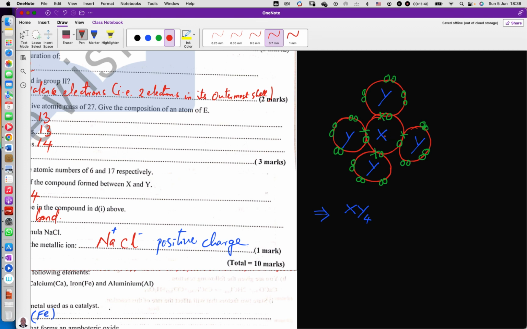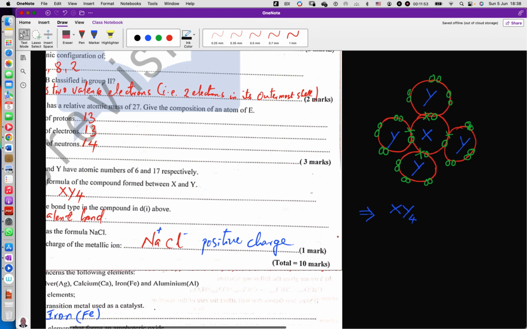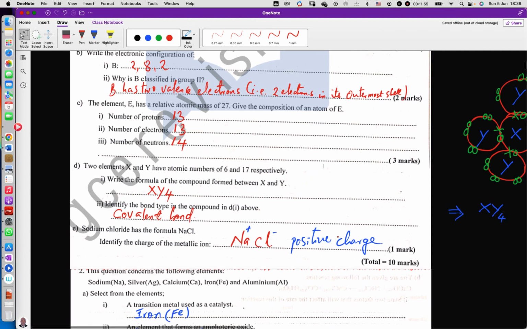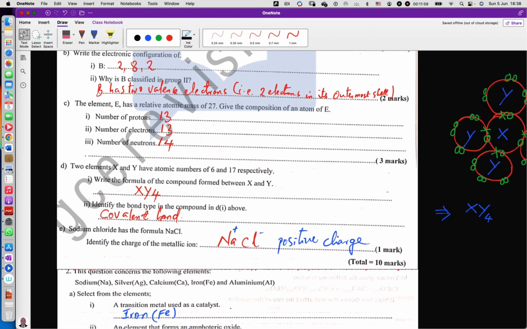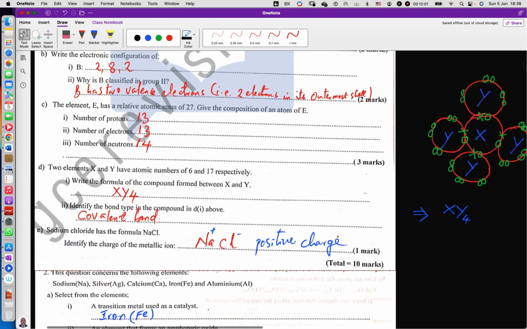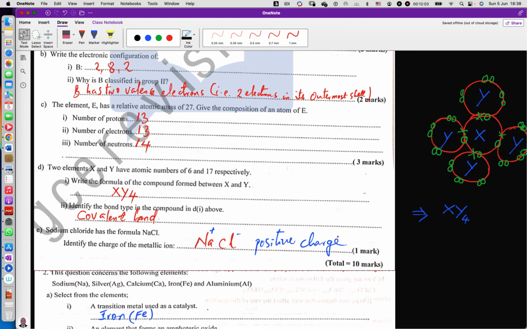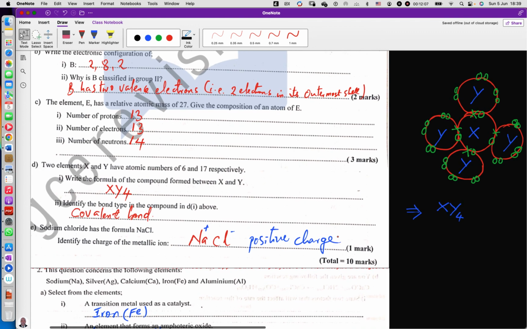It can only undergo covalent bonding, sharing of electrons. So it will be XY4. That can only be the possible formula for X and Y, based on this covalency.